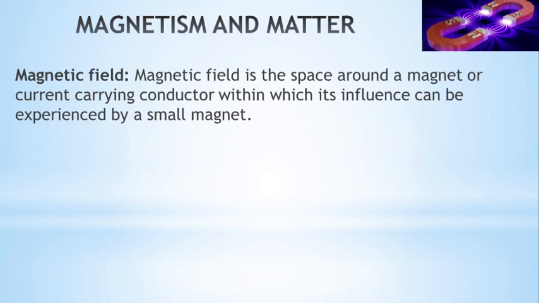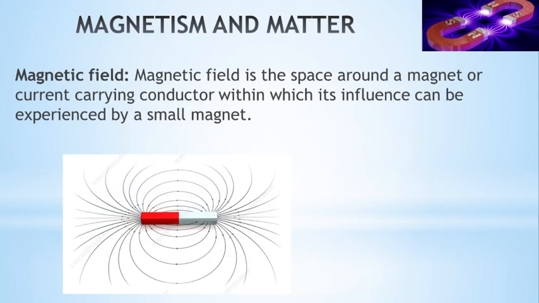From chapter 4, we have also learned that a magnetic field is also produced by a current carrying conductor. Therefore, the magnetic field is defined like this: the space around the magnet or around the current carrying conductor, and in that space, if you bring a small magnet, it will be influenced.